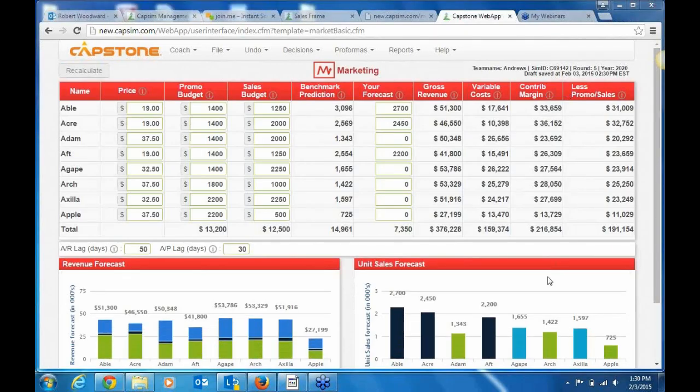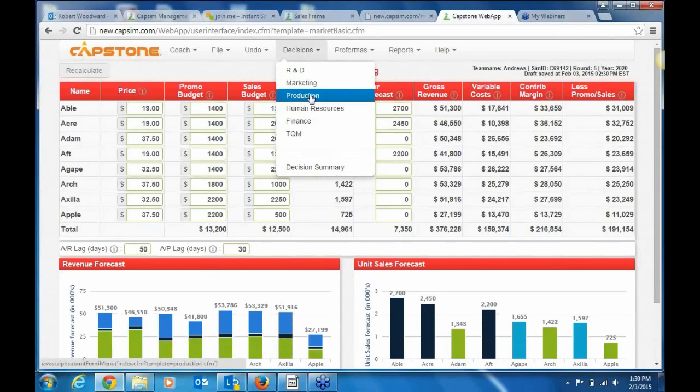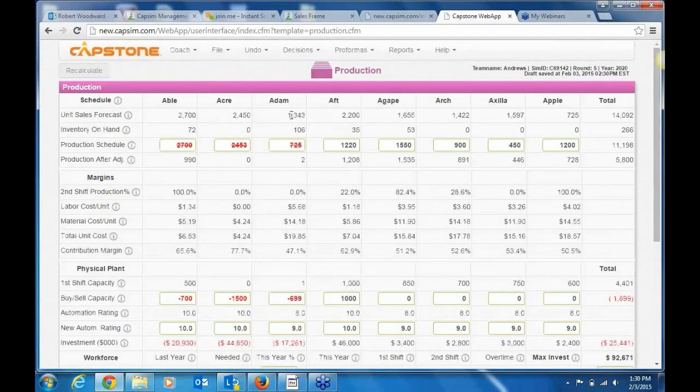In the case of Adam, there's no forecast, so if I go back to production, then benchmark is factored in there. You want to keep that in mind, as you want to make sure you have an accurate forecast.